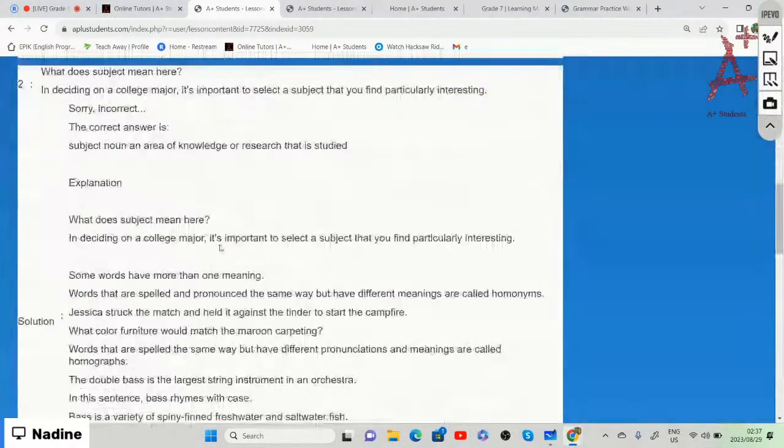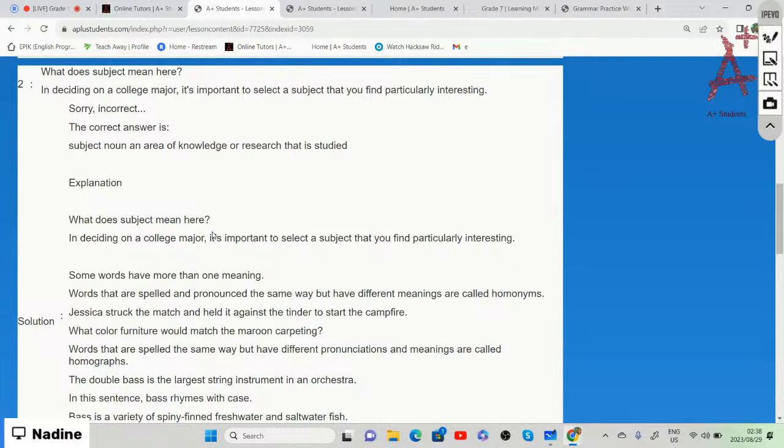So what does subject mean over here? In deciding on a college major, it's important to select a subject that you find particularly interesting. In this case, subject is an area of knowledge or research that is studied. You have subjects or modules in school, and you also have subjects and modules when you go to university or college.